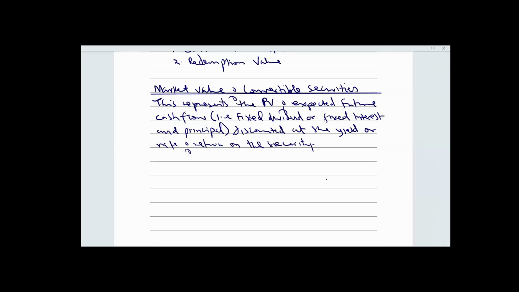But for market value, you are not going to include year zero. You calculate the present value of interest, if it is a debt, then the present value of the redemption value or of the conversion value. You add the two together, and it will give you the current market value. That's all you need to do.